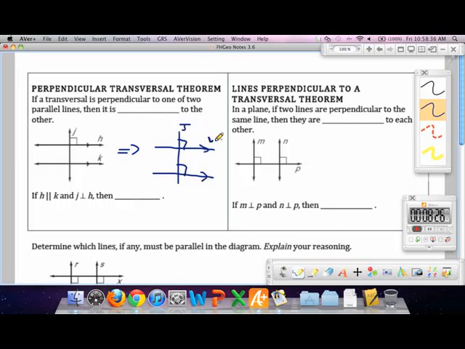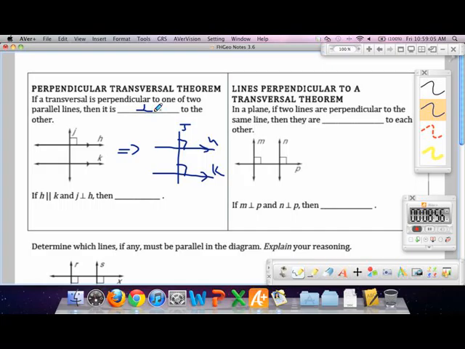Means that it must be perpendicular to K. That it's perpendicular to the other. Why would that be true? How would we explain that has to be true? Blanking on the name, not consecutive, the other one. Corresponding?